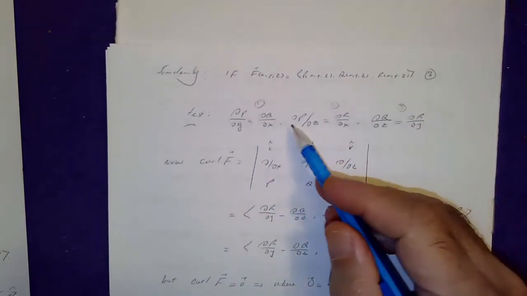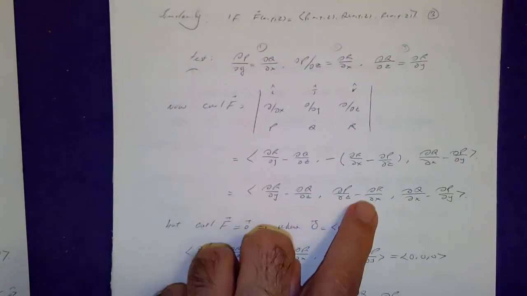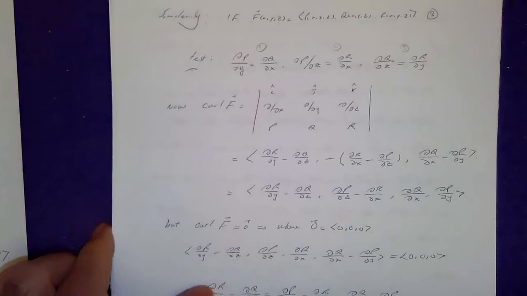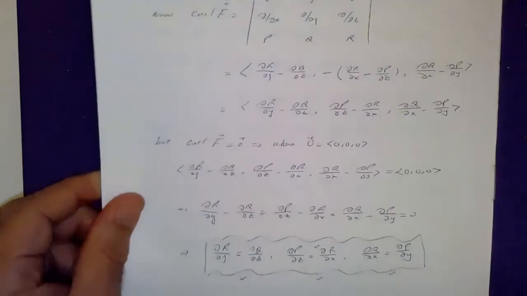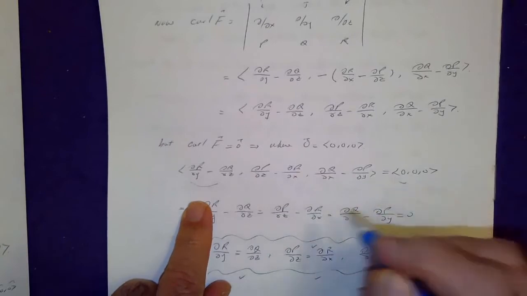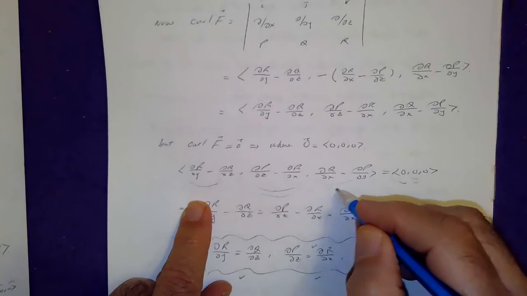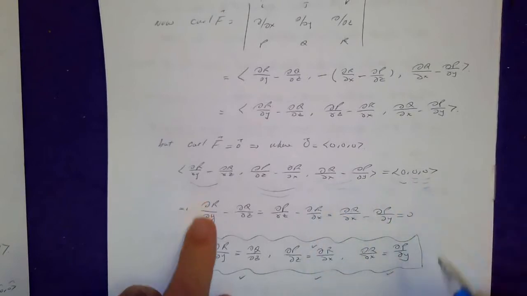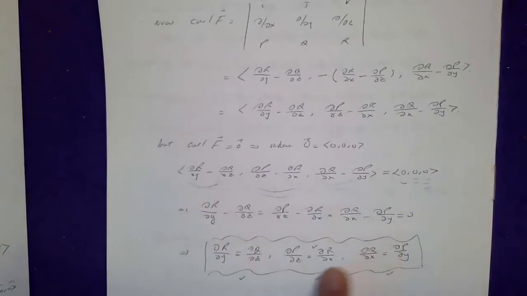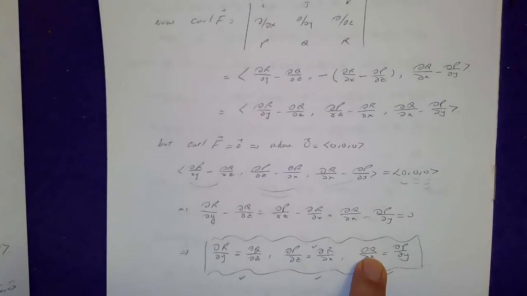The question is, where did they come from? Well, that would be the curl, right? If you set this vector equal to 0, that means you have to set each of these components equal to 0, correct? Like so. And lo and behold, when you set these equal to 0, you get the first proportionality, the second proportionality, and the third proportionality.